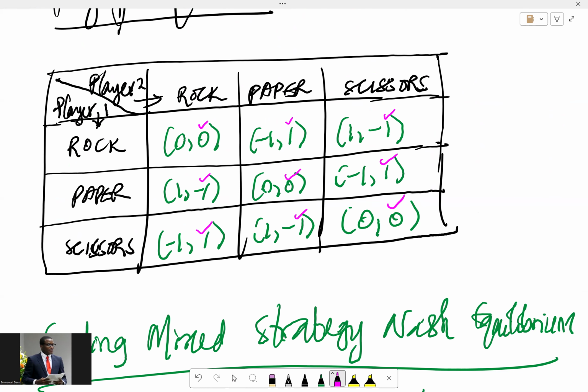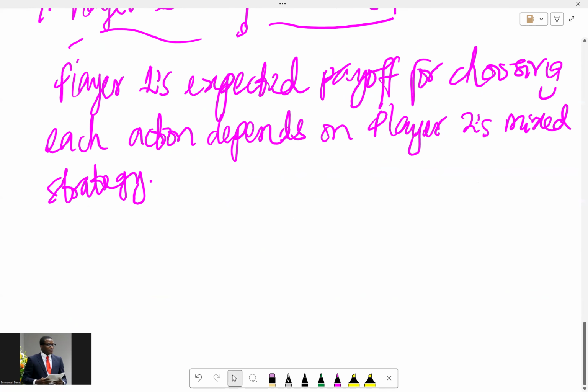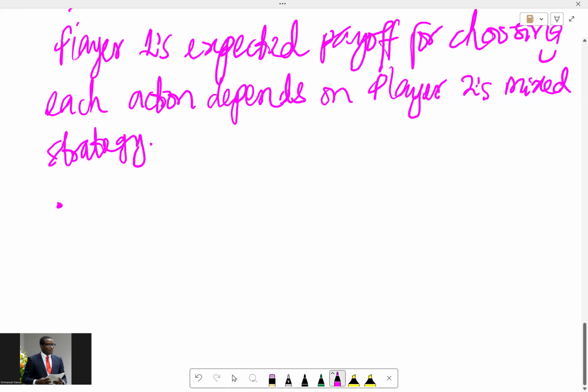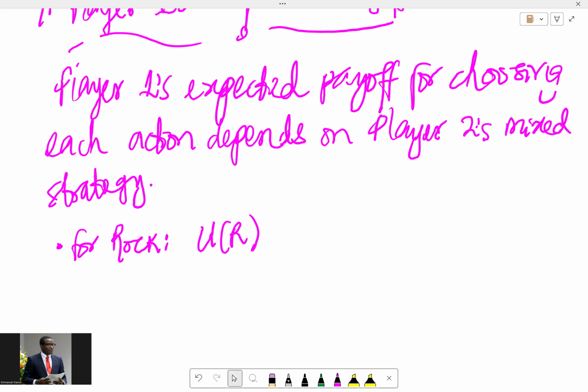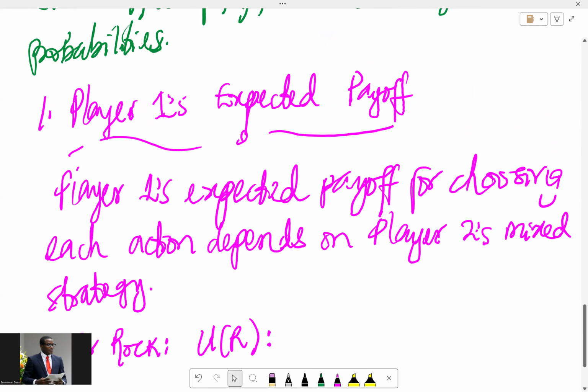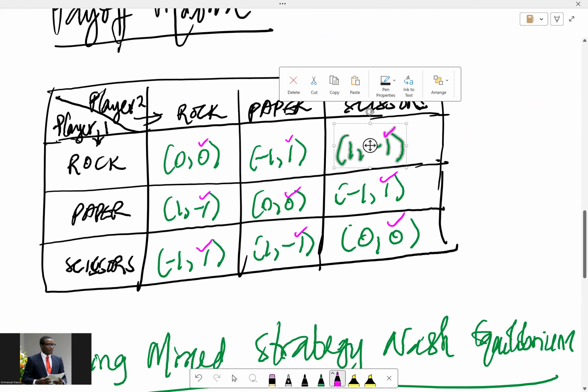So if that is the case, if we go for rock, player one's expected payoff for choosing each action depends on player two's mixed strategy. So for rock, you have U of R, the expected payoff for rock.